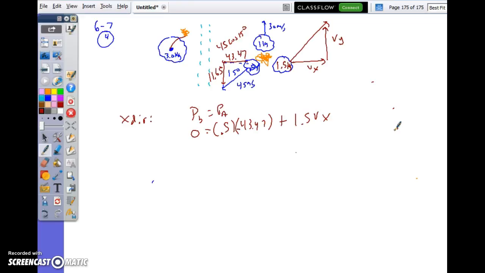Can I solve that? Then let's do it. 43.47 times 0.5 gives 21.735-ish equals 1.5 Vx. And I get 14.49 meters per second as my velocity in the x direction.